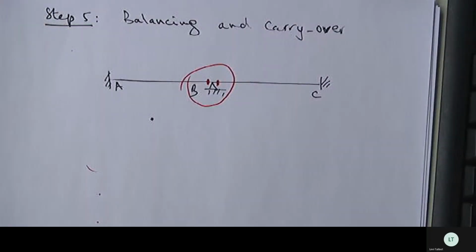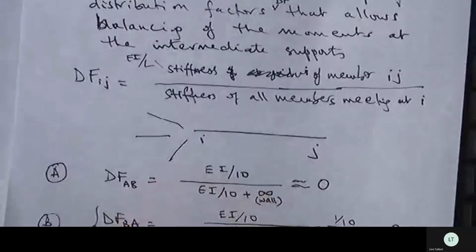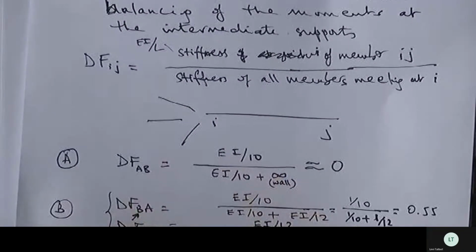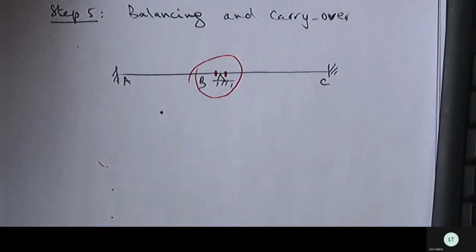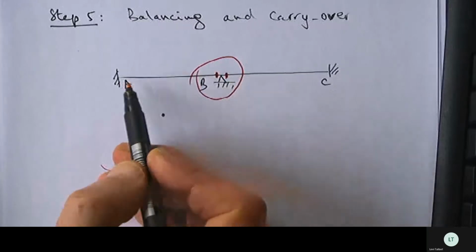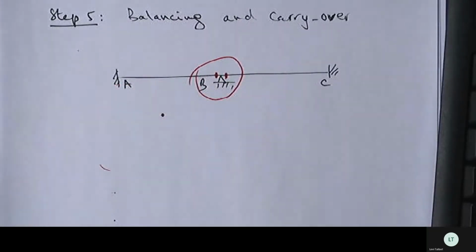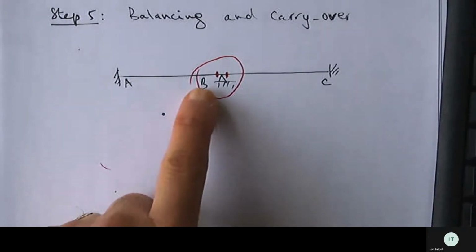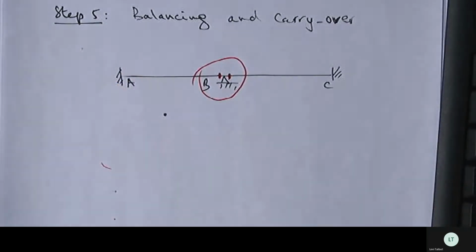We are going to balance the moments using this distribution factors concept. But there is also something else we need to do. Do you agree that the moment at B will affect the moment at A? Do you think that anything happening at B will affect A as well?